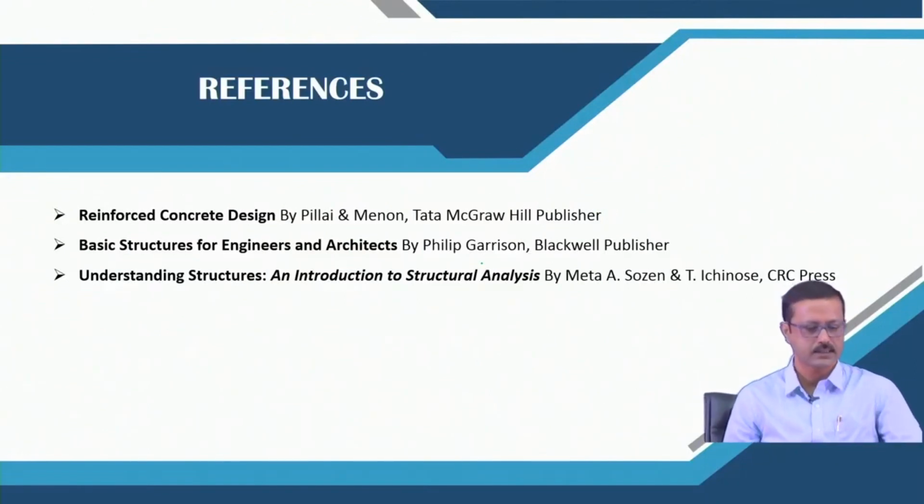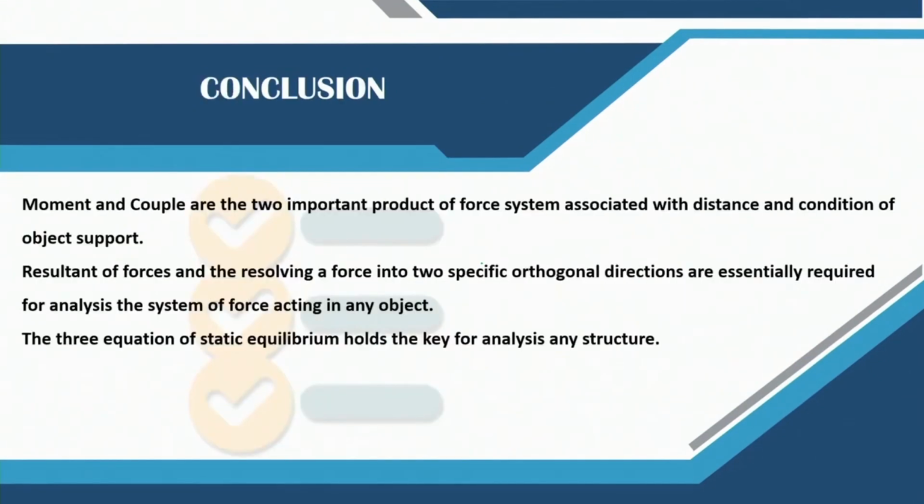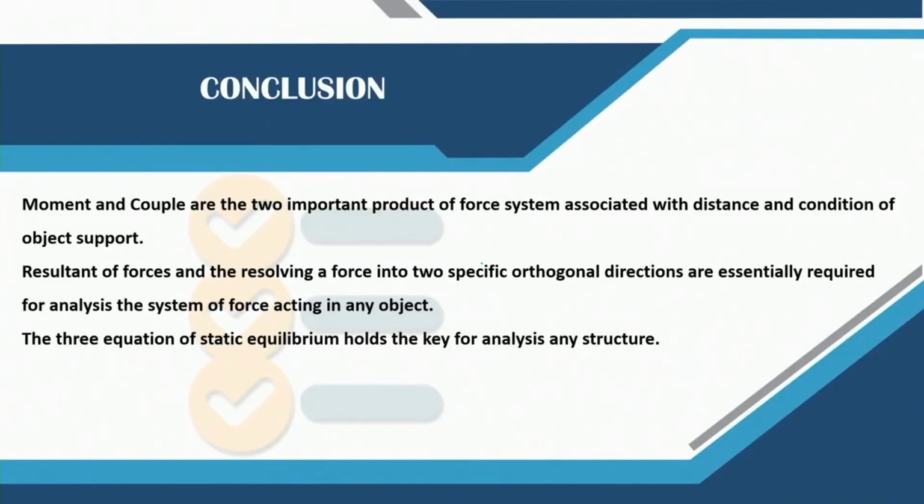So for this particular lecture I have taken the references as these 3, like earlier. In conclusion we can say that the moment and the couple are the 2 products of the force system associated with the distance and condition of the support. Why condition of the support? Because you need a pin support in between if you want to figure out the moment. The resultant of the force and the resolving of the forces into 2 specific orthogonal directions is essentially required, because a lot of forces act at different angles, so you have to resolve into orthogonal directions.